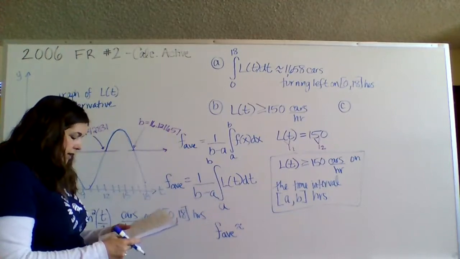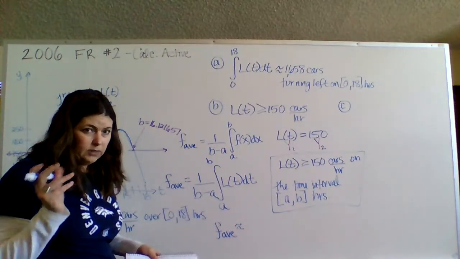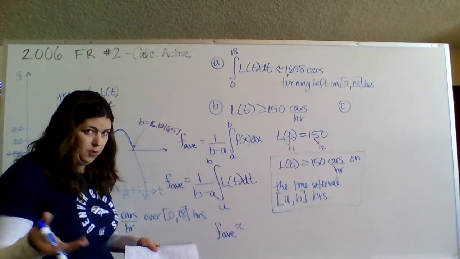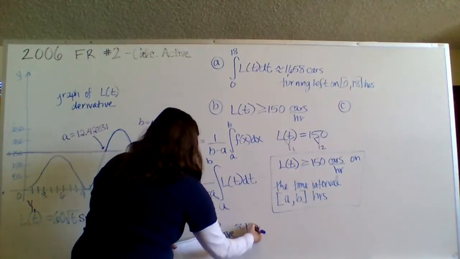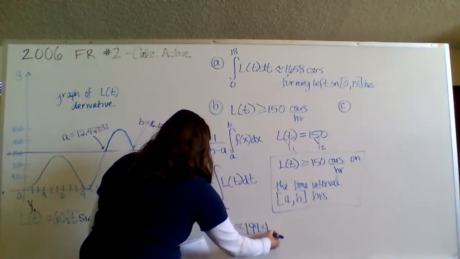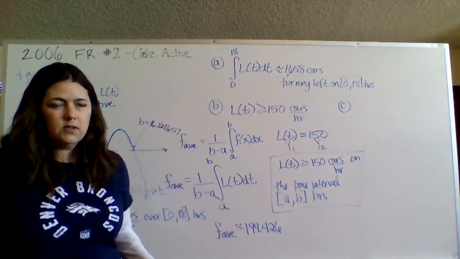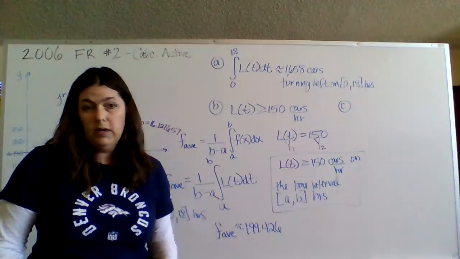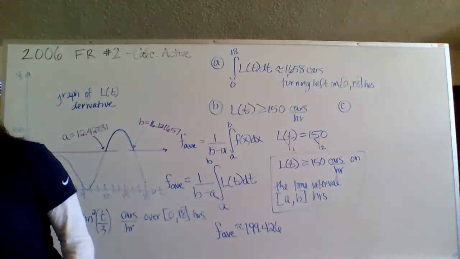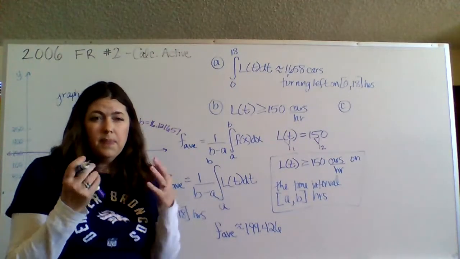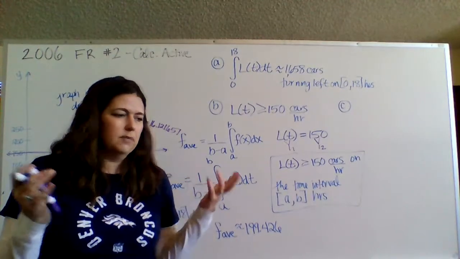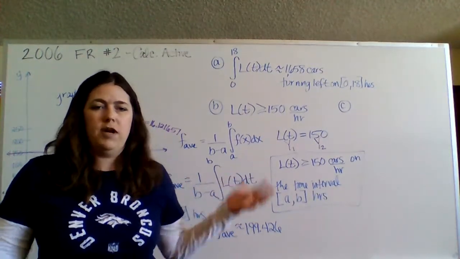And what I got, and they didn't say to round to the nearest anything because this is cars per hour, is 199.426. As we are doing this remote learning, and I know it's way harder, if we were in class, seeing you face to face, I would tell you to make a list of things that are important for AP.